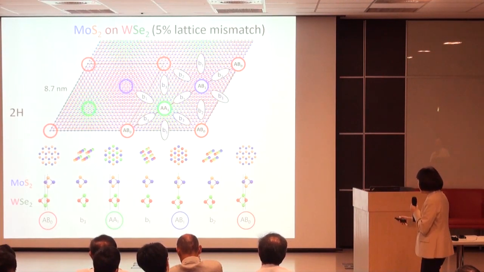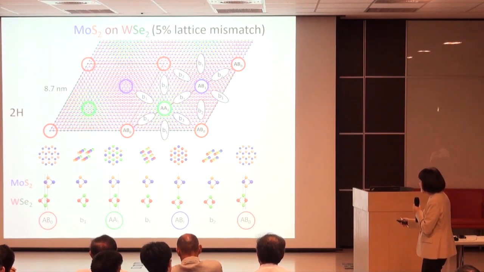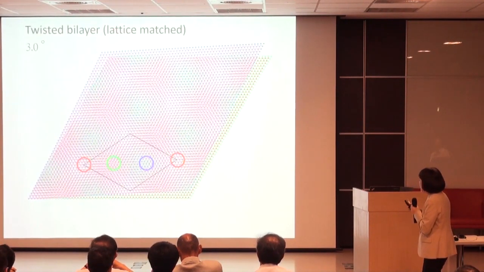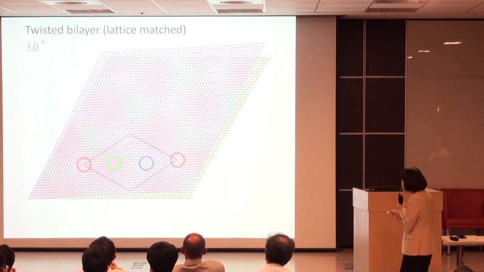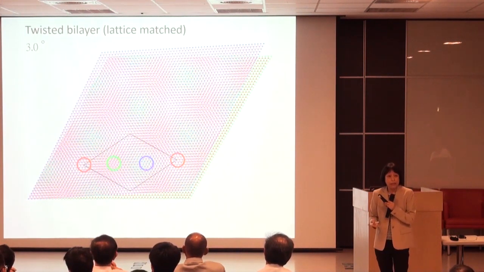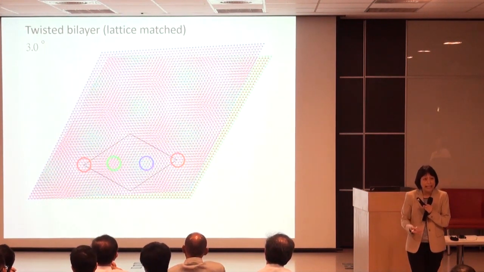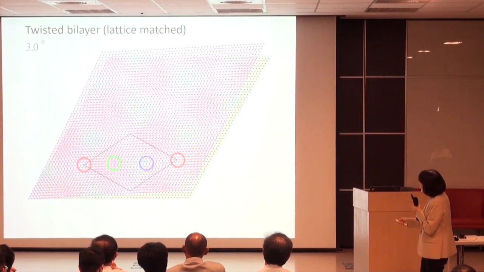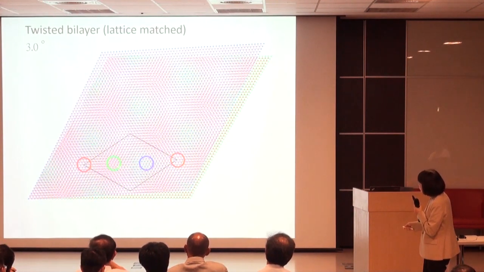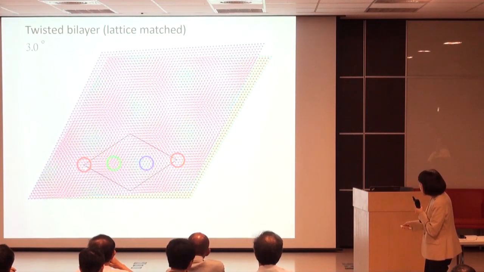So we will be able to look at what's going to happen in there. This is for just lattice mismatch. And if we have lattice match for different compounds with the same chalcogen atoms, the lattice will match, but if there's a rotational angle, we're still going to see those different stacking regions.